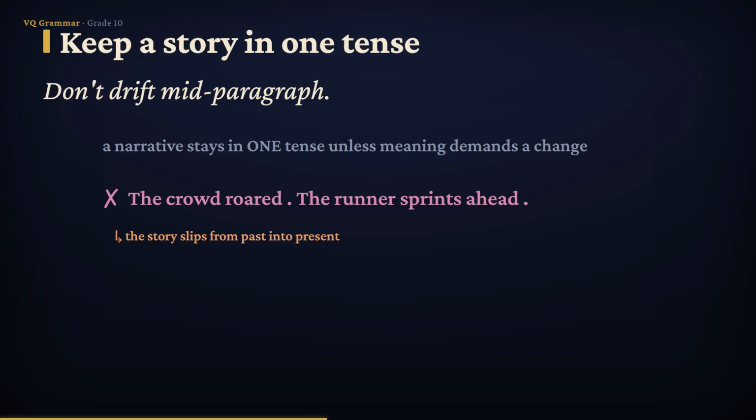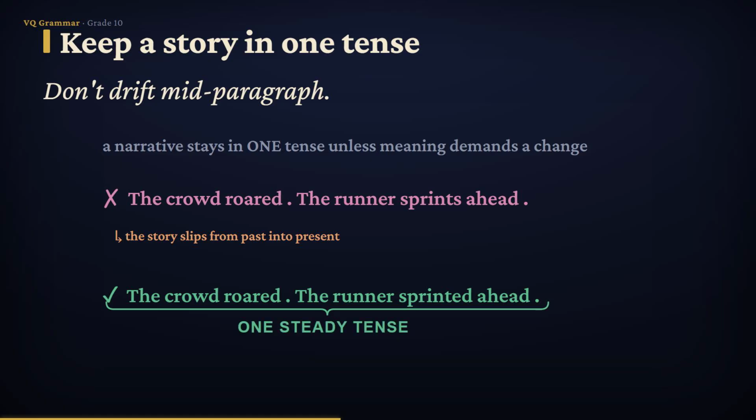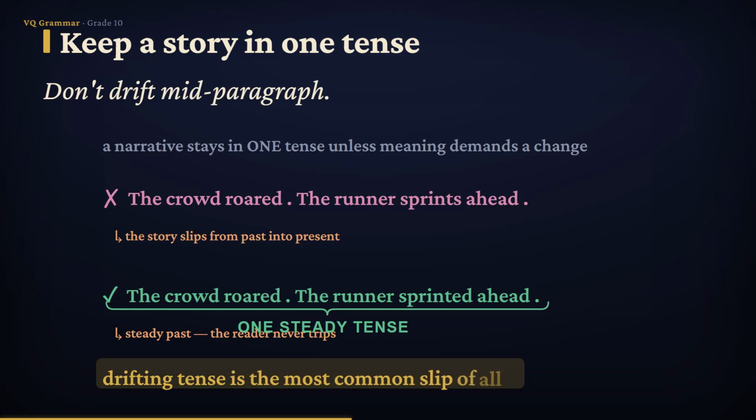The reader feels it, even if they can't name it. Fixed. The crowd roared. The runner sprinted ahead. One steady tense, holding all the way through, so the reader never trips. Watch for this in your own writing, because drifting tense is the most common slip of all. It usually happens when you get excited and the story starts feeling like it's happening right now.